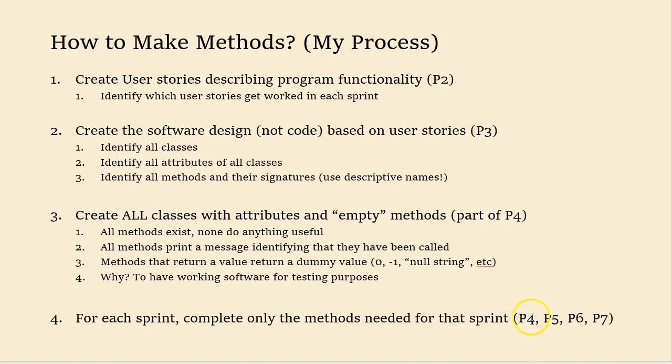And then the rest of your code drops in P4, P5, P6, P7. All you're doing is working on the methods that are needed for that specific user story at any point in time. That's my process. It more or less follows the agile process. And so it makes writing your code manageable. Will you go back and change your design? Sure, sometimes you will. That's okay.